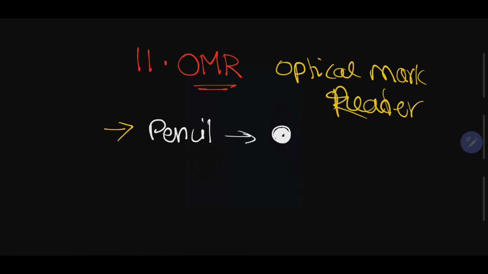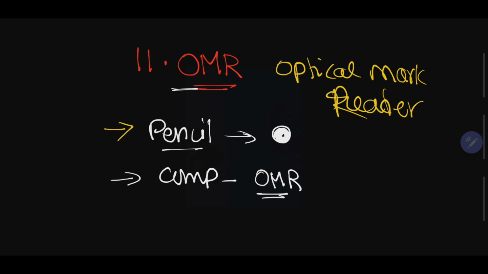Basically this is also one type of scanner. Most of the competitive exams are done through OMR, like TEMSET, railway examinations, state examinations and SSC examinations, everything is OMR. So we fill in the data like this, and this data is read by the OMR machine.